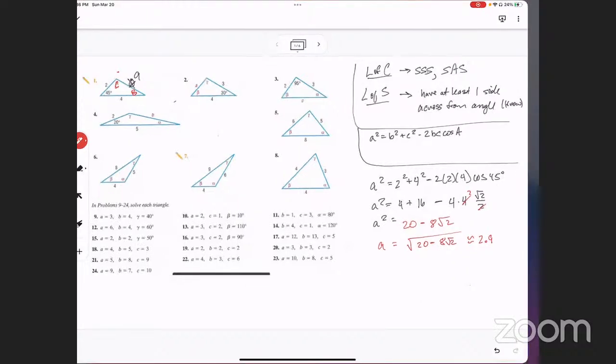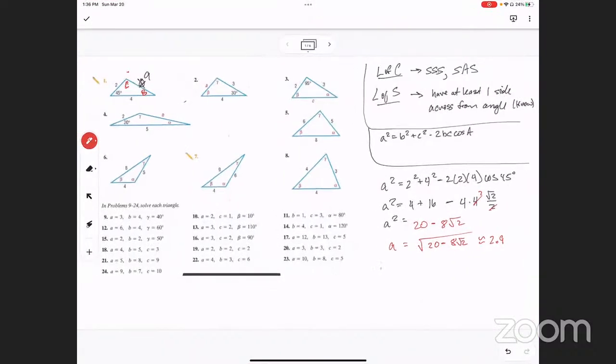So we know that the sine of 45 over 2.95 is equal to the sine of B over 2.